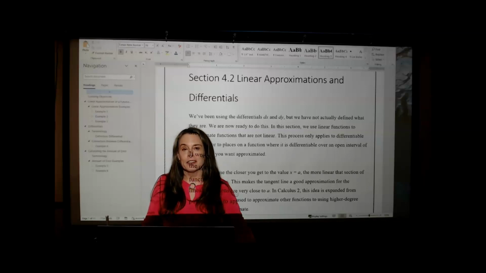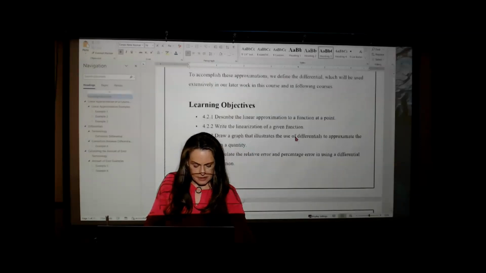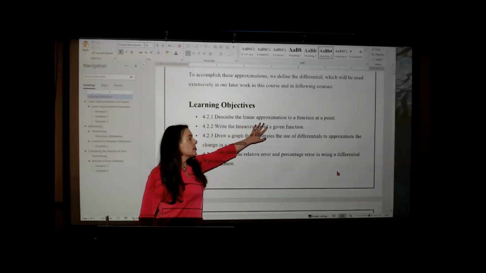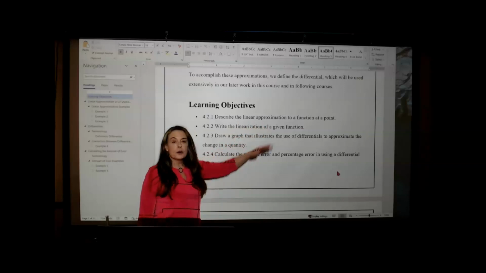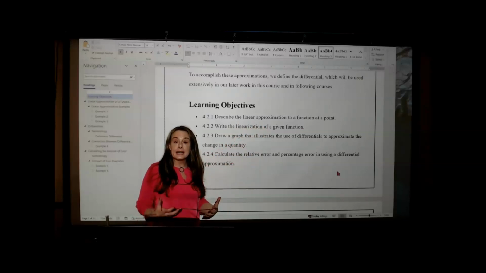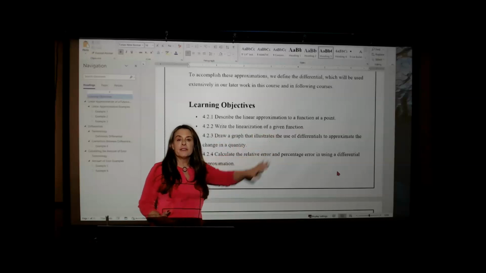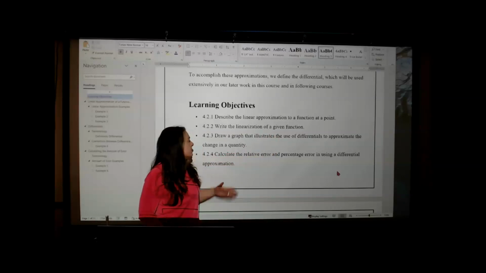Let's take a look now at the learning objectives. In this section, we're going to describe the linear approximation to a function at a point. The linear approximation is the tangent line. Write the linearization of a given function, which means we write the tangent line.